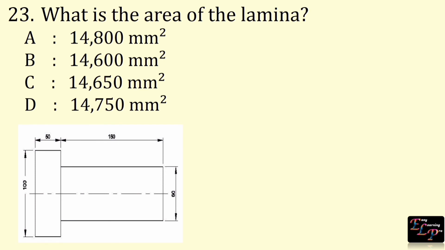What is the area of the lamina? Here we have two shapes. Both are rectangles. First shape is a rectangle given by length into breadth, and dimensions are 100 into 50, which is equal to 5000. Next, area of second shape, which is also a rectangle given by length into breadth, 160 into 60, which is equal to 9600.